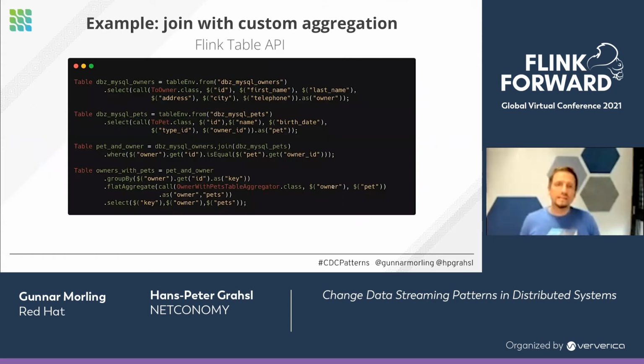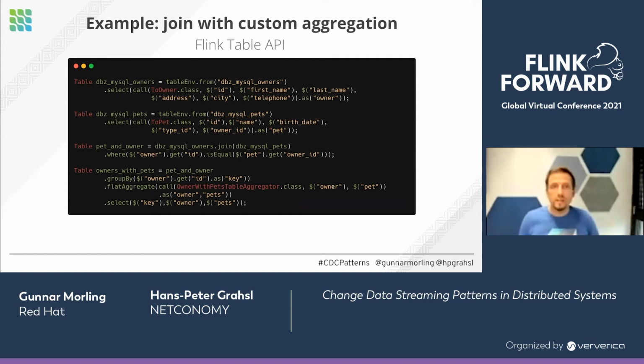So the way this would work in Flink, two options, broadly speaking. We could use the Table API for that. In this case, I have shown all those tables in separate steps so that it's easier to see what's going on. So the upper two tables are just Flink tables that represent the change events that Debezium writes into, for instance, a Kafka topic. Then we use the Table API to run this join operation.